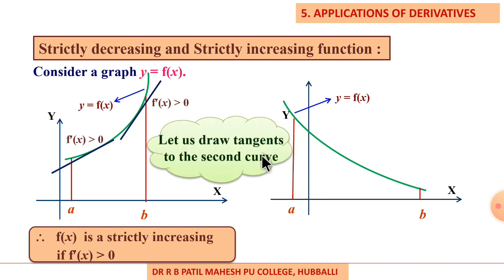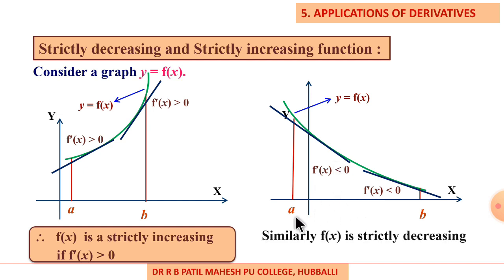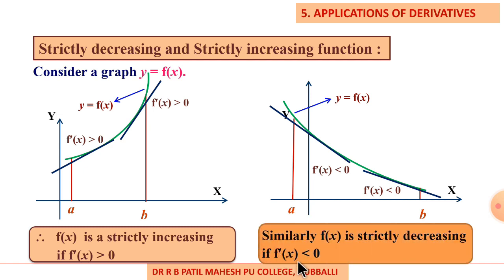Now similarly in the second graph, you can draw the two tangents, which both give negative values, that is f dash of x is less than 0. So for the second tangent also f dash of x is less than 0. Now by using this, f of x is strictly decreasing if f dash of x is less than 0.